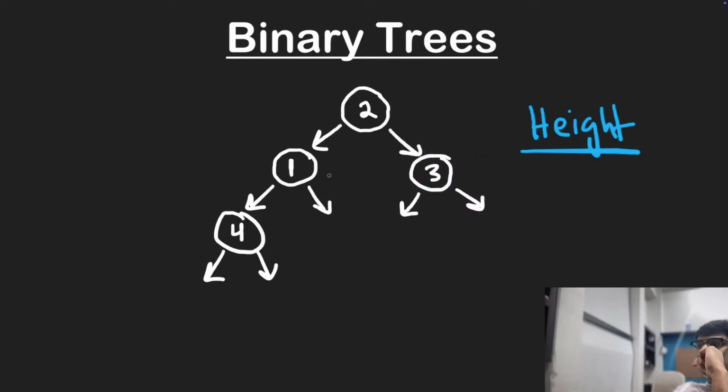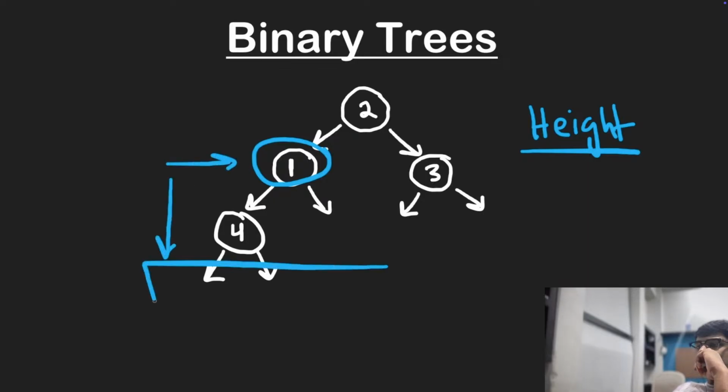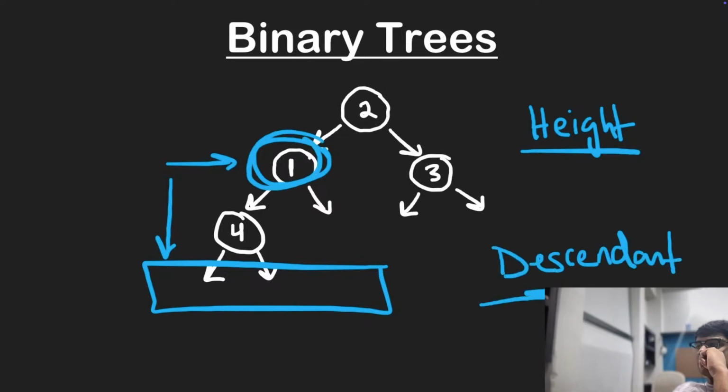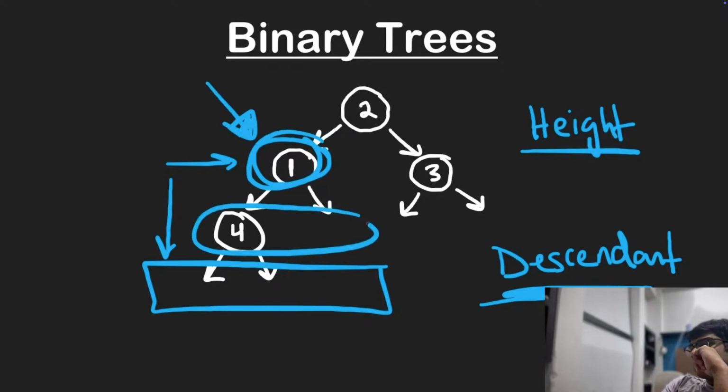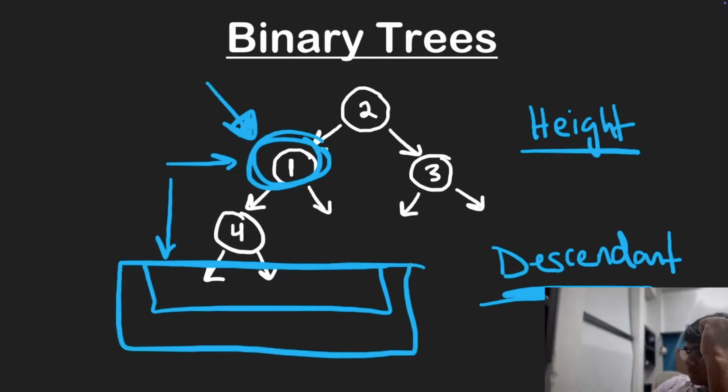But for a node like this one, where it does have some children, we measure the height starting from this node, going down to the lowest descendant of the node. This is another keyword. Descendant basically means for some node, such as this one, a descendant would be any child or any other node that comes beneath that one.